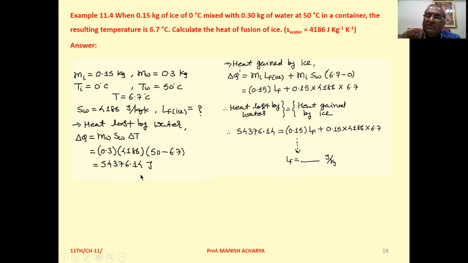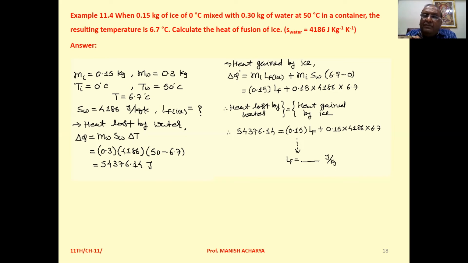Now this particular heat lost is gained by ice. But ice is at 0 degrees Celsius. So some part of this heat absorbed by ice will be utilized to change the state of ice from ice to water.